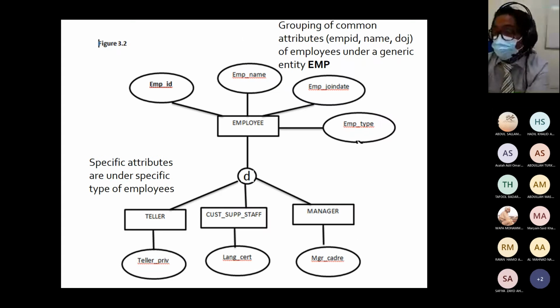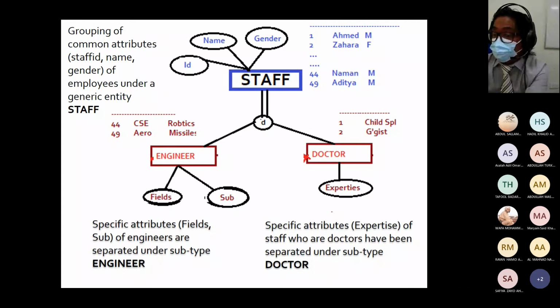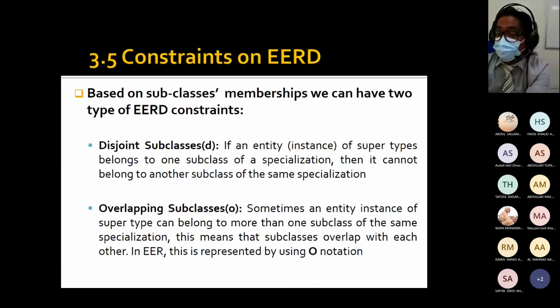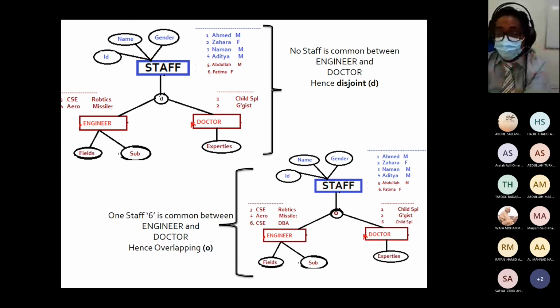This is also D. See, there's a disjoint inside that small circle, right? But in some cases, the scenario will tell you that some of the specializations can perform each other's tasks, and that is what we call overlapping subclasses. So we might have an O notation on that node.